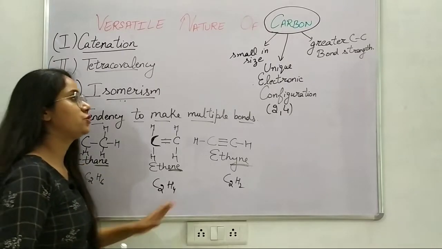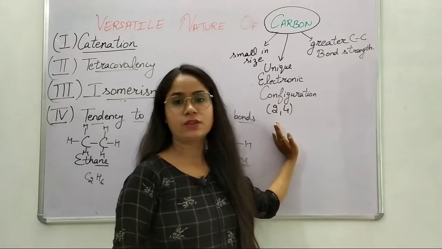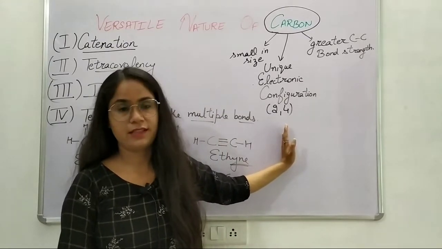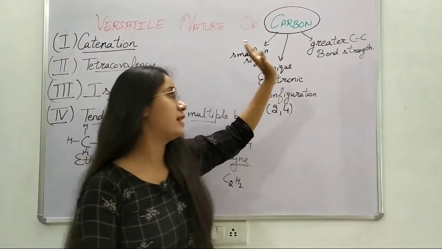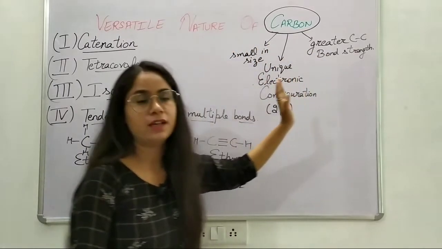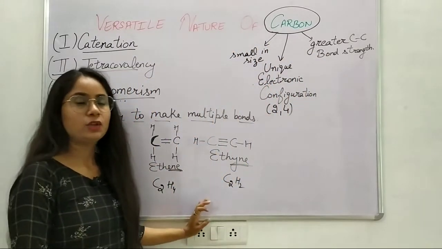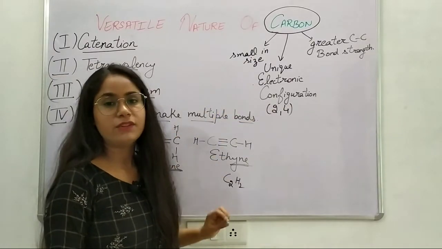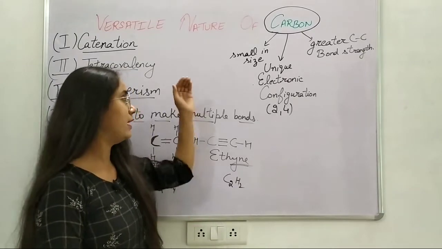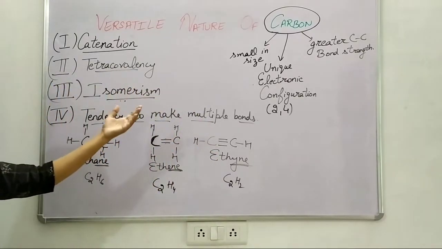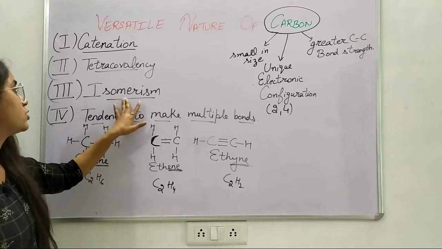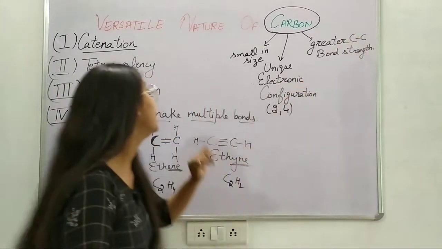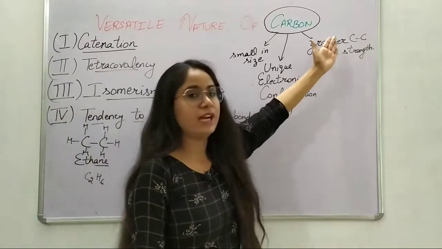Now why does it show this? Because of its unique electronic configuration. It has the valency of 4, it mutually shares the electrons, it is smaller in size, and has greater carbon-carbon bond strength. You will explain these 3 points in this one. So whatever you are asked in any one of these, let us assume that you are asked only about isomerism, why carbon shows isomerism, you have the answer. Why carbon shows catenation, you have the answer.